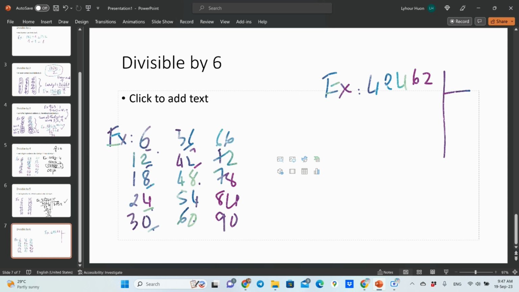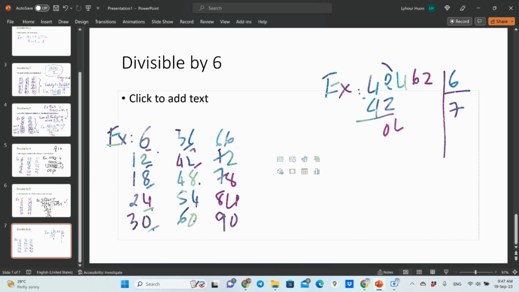Divide by 6. How many times does 6 go into 42? 7. 7 times 6 is 42.